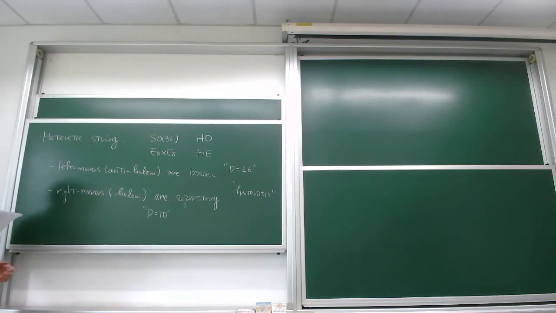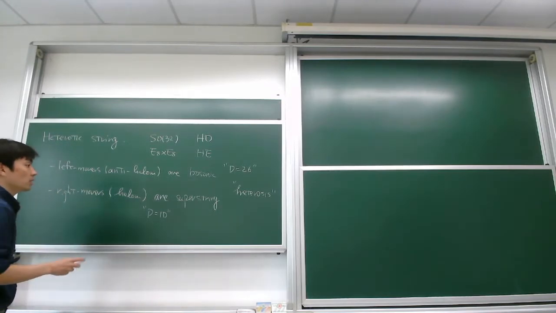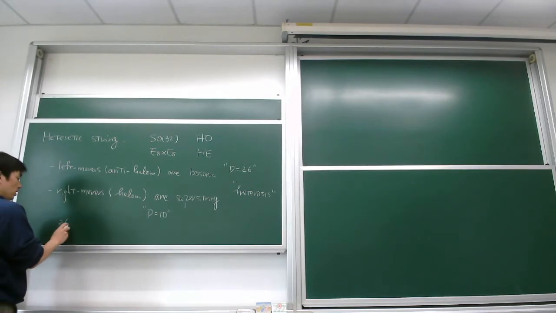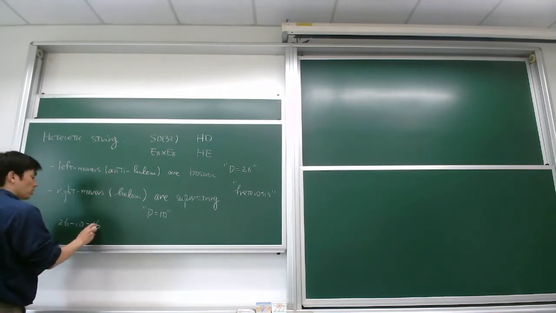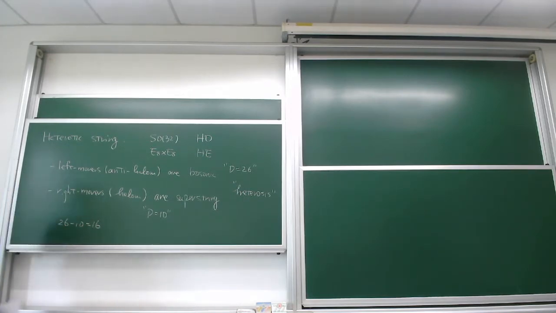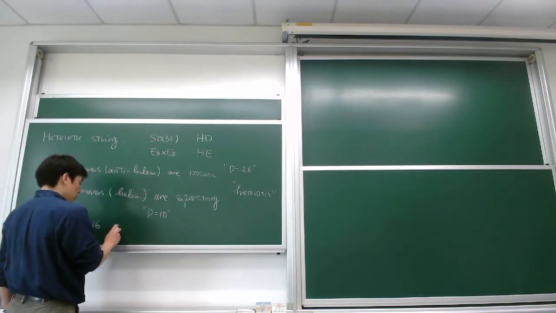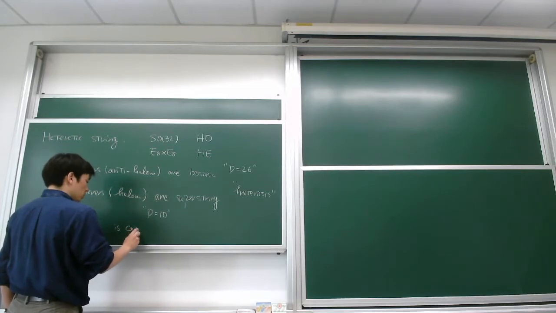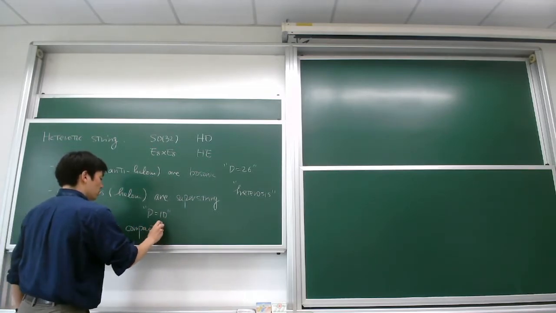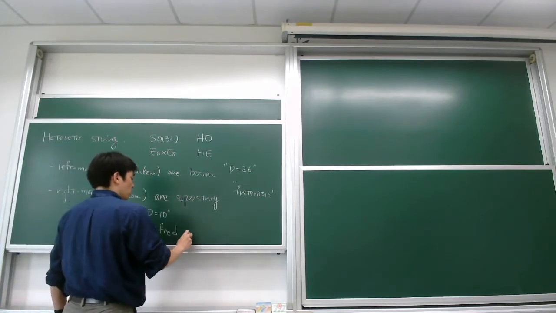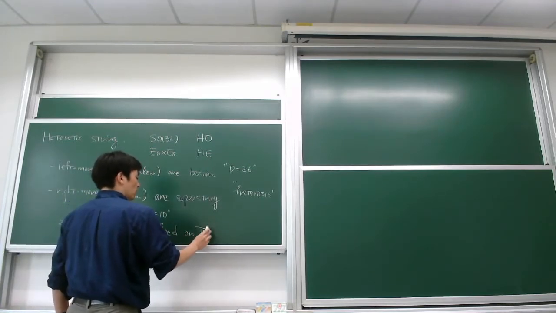And so therefore the difference is indeed 26 minus 10, which is 16 dimensional, and the extra 16 dimensions are compactified on a torus, T^16.